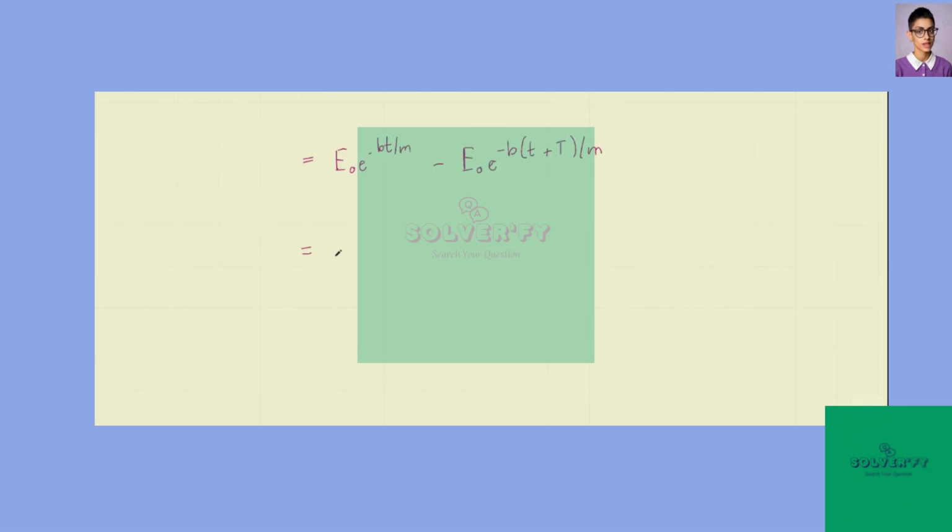And so we can write this as E naught e to the minus bt over m multiplied by 1 minus e to the minus b capital T over m.